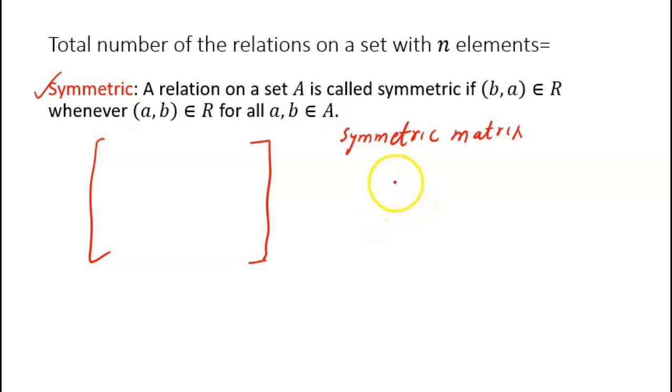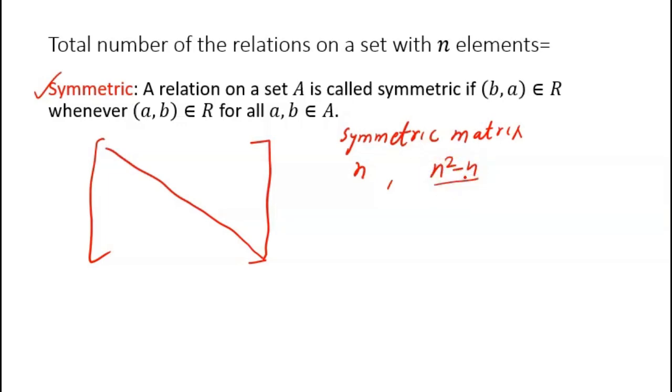Now, if I'm talking about a symmetric matrix, first of all, you look at the main diagonal elements. The total number of elements along the main diagonal will be equal to n, right? And the number of elements not lying along the main diagonal is equal to n square minus n.